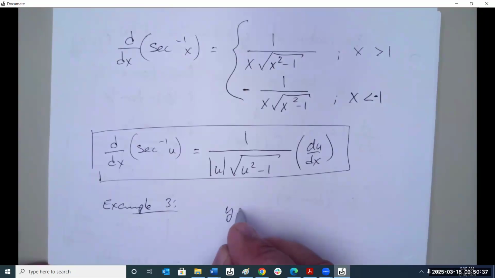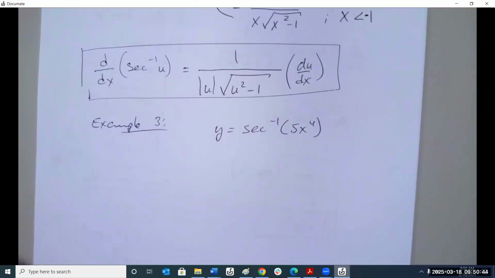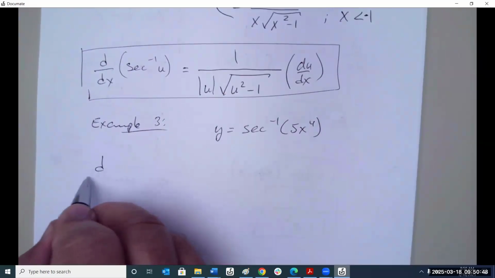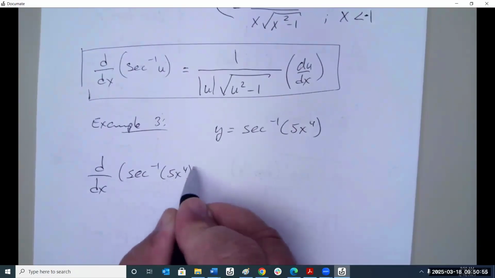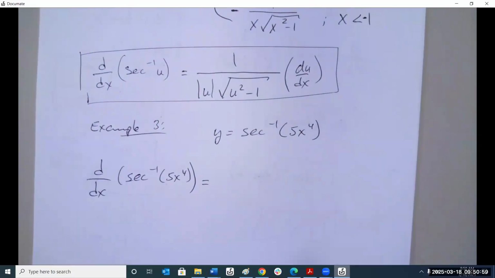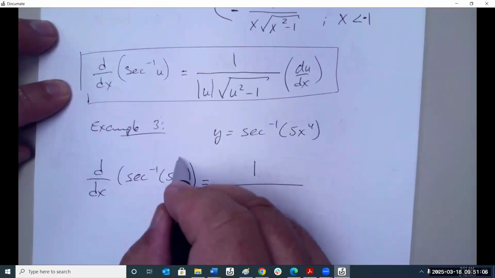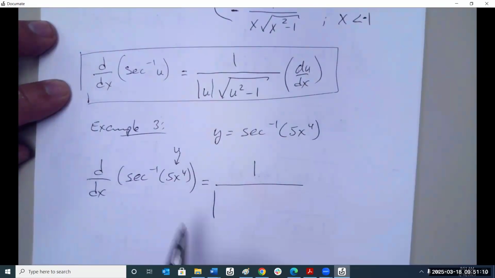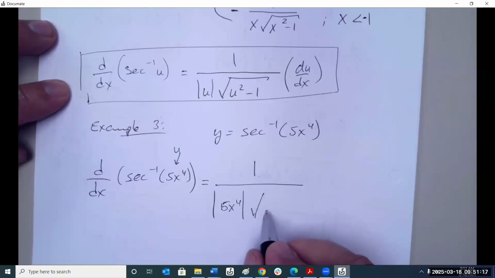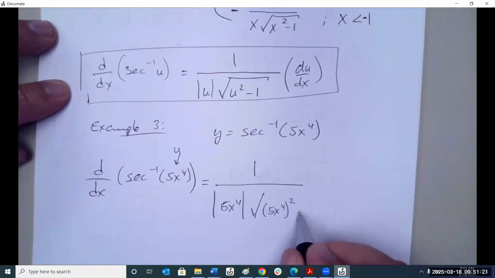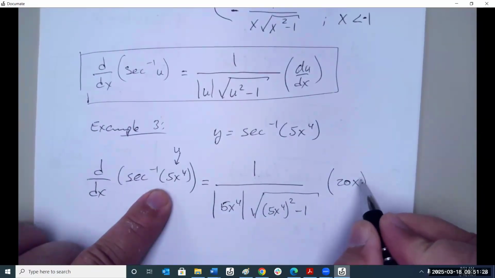Really quick, let me show you this. Find the derivative of this one. So find d dx of inverse secant of 5x to the fourth. So using our equation here, we have 1 over, this is our value of u, that's u, so we have the absolute value of 5x to the fourth times the square root of 5x to the fourth squared minus 1, times the derivative of u, which is 20x to the third.